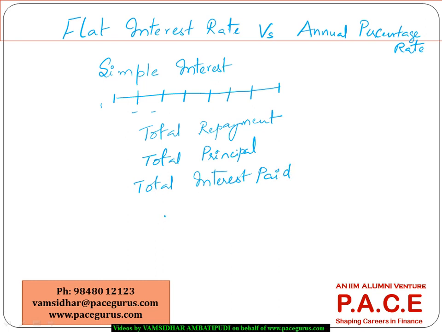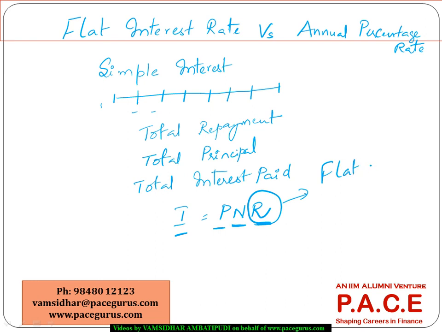Now apply the simple interest formula, PNR. Now we have this total interest paid, we know the principal which is the loan taken, the number of years, and the rate of interest which we are determining is what we call the flat rate of interest.